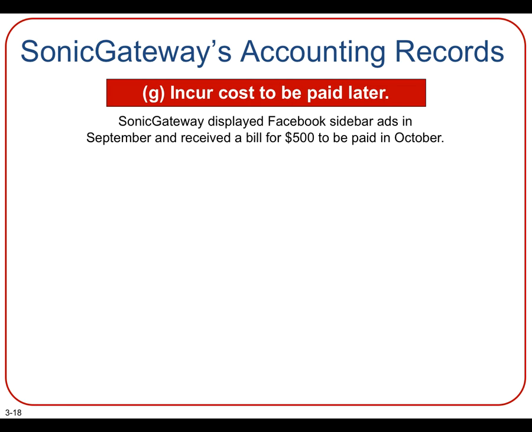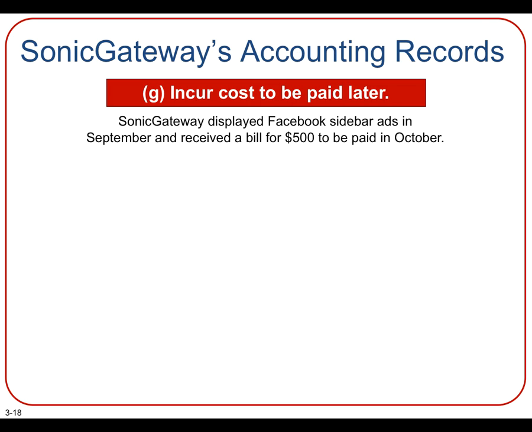Now, transaction G, incurred cost to be paid later. What does this mean? Sonic Gateway displayed Facebook sidebar ads in September and received a bill for $500 to be paid in October.